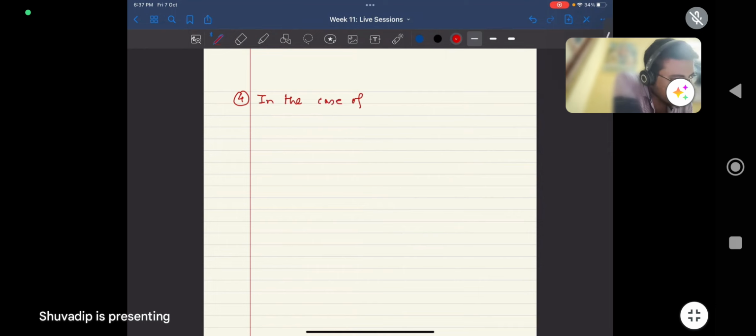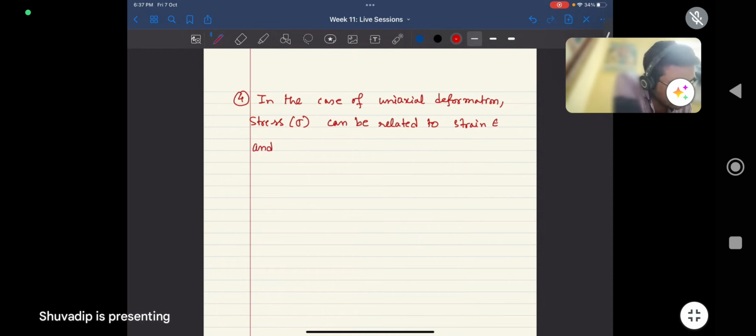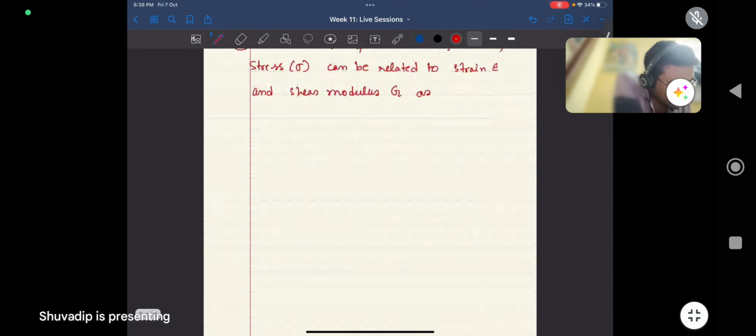In the case of uniaxial deformation, stress sigma can be related to strain epsilon and shear modulus G. There are 4 options.